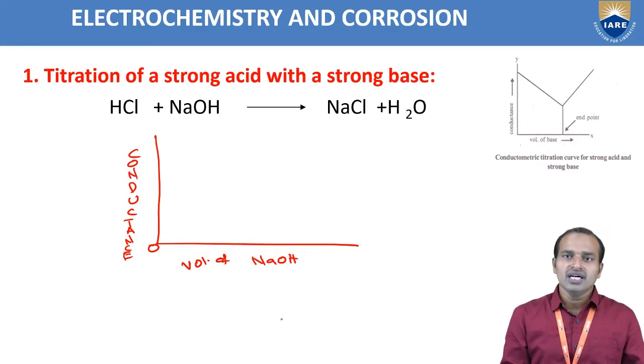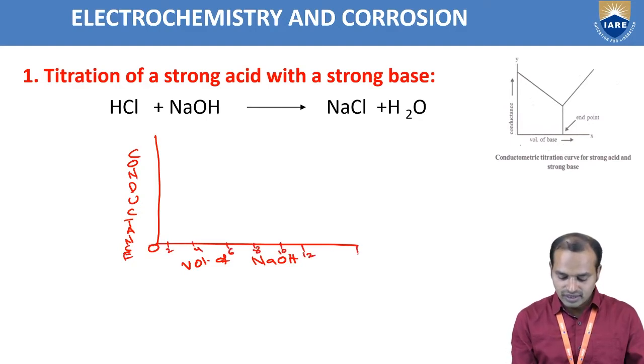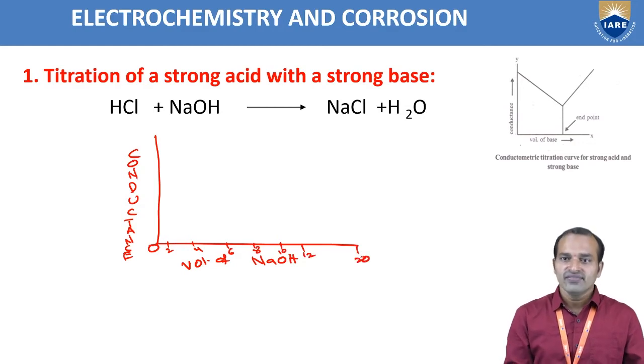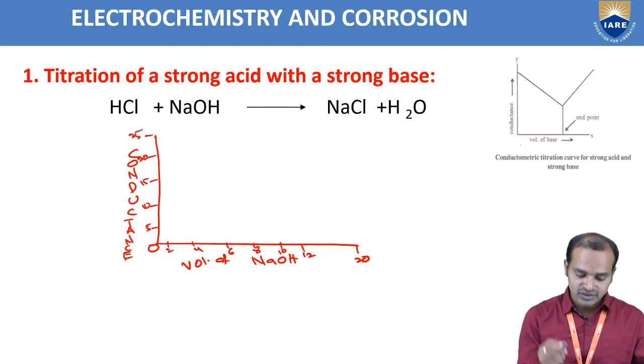Now first you note down 2, 4, 6, 8, 10, 12 up to 20. First we add 1 ml of NaOH. The conductance values are 5, 10, 15, 20, 25.